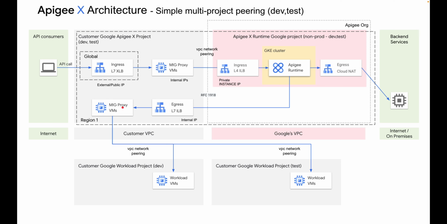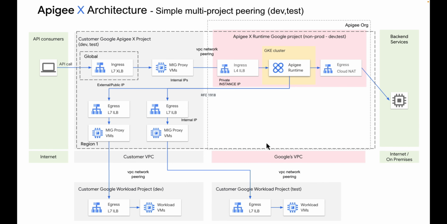Okay, now a second communication, completely different, and in this case I can cross the second VPC peering to reach some other workloads that are part of some other Google project. In that case, I can differentiate dev and test, two different environments, and from Apigee I will be able to reach different VMs on different environments.